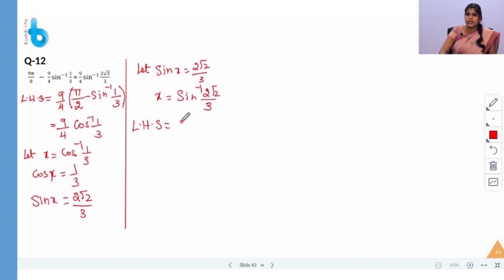So LHS equal to 9 by 4, and instead of this cos inverse of 1 by 3, I can substitute x, correct? So instead of this x, I can substitute sin inverse of 2 root 2 by 3. And look at the RHS of the question, it is the same, right? Equal to RHS. Therefore, from LHS we have arrived at the RHS, and hence our problem got over.